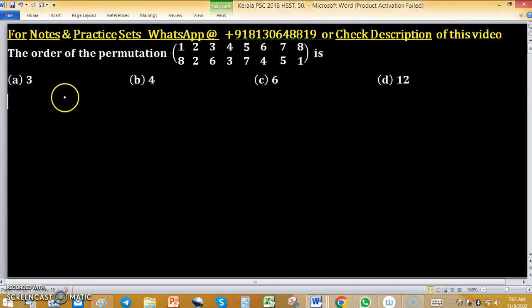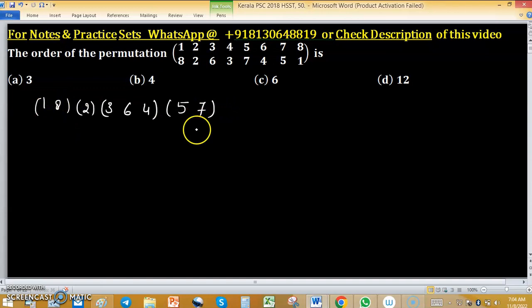To find the order of the permutation, first write the permutation in disjoint cycles. 1 goes to 8 and 8 goes to 1. First cycle closed. 2 goes to 2. 3 goes to 6, 6 goes to 4 and 4 goes to 3. 5 goes to 7 and 7 goes to 5.